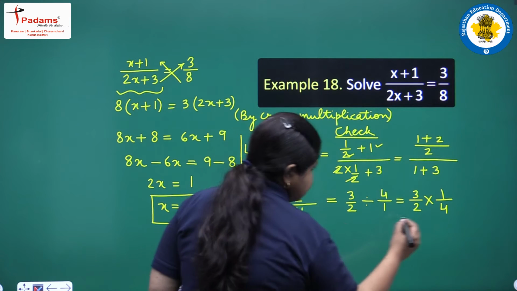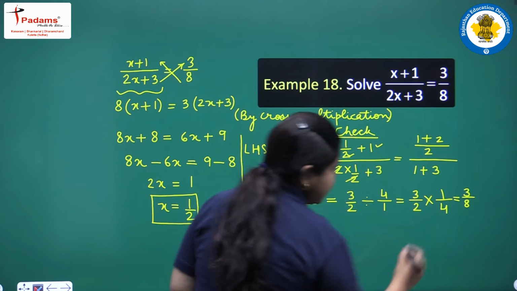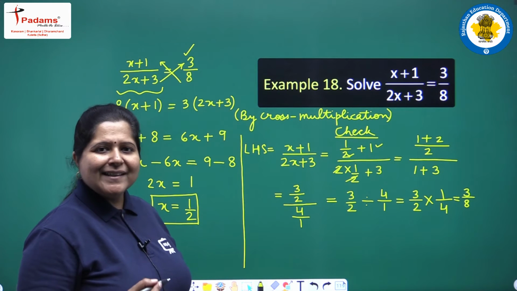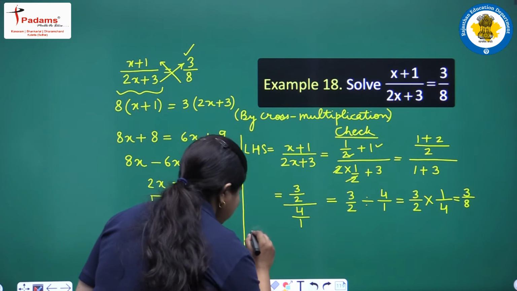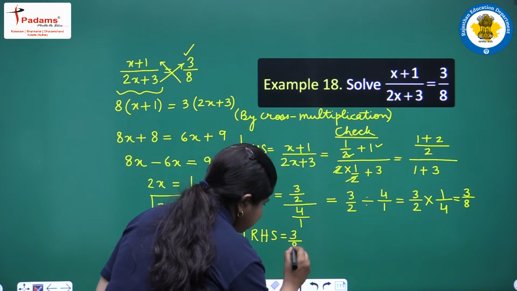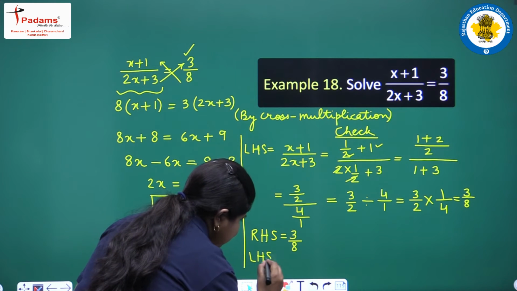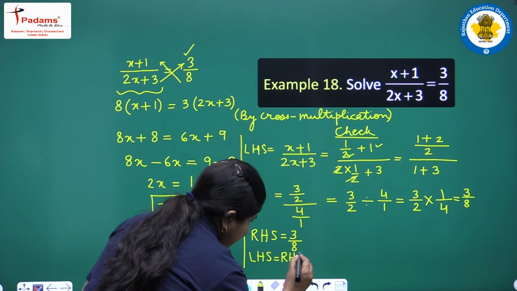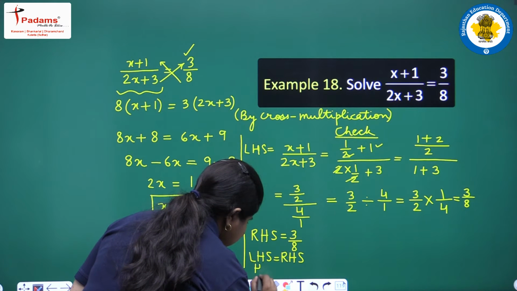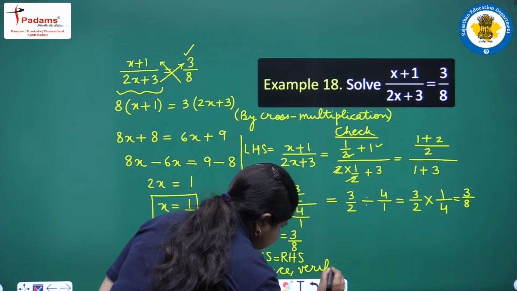This will give us equal to 3 upon 2 fours are 8, and you can see our RHS is already 3 upon 8. So we can write RHS equal to 3 by 8. This gives LHS equal to RHS, which means our answer is correct, and we can write hence the answer is verified.